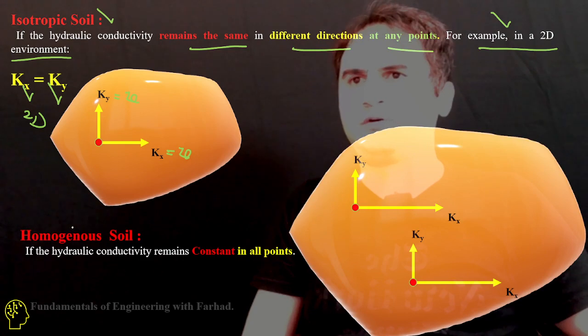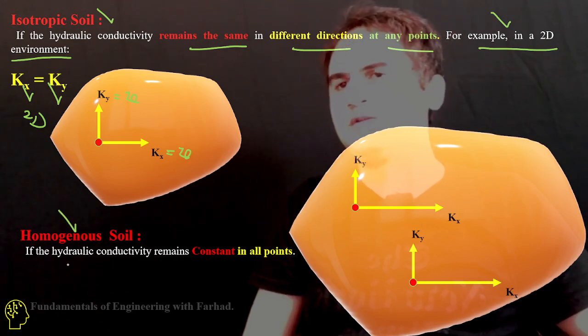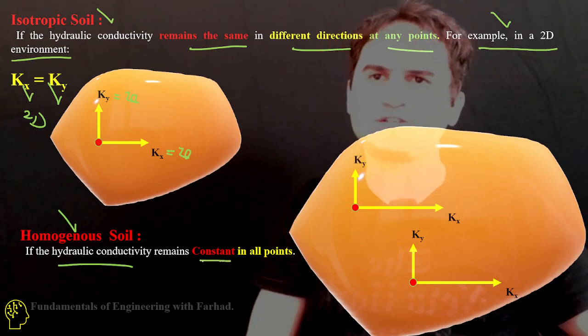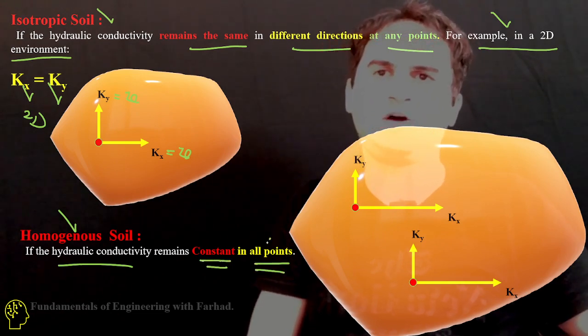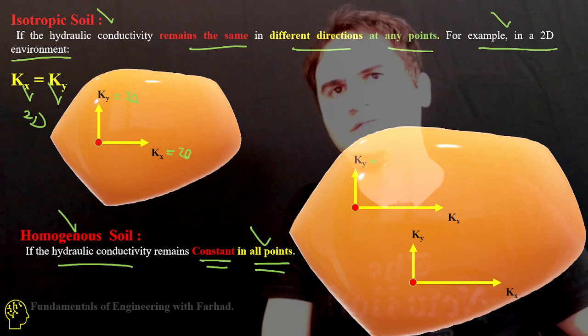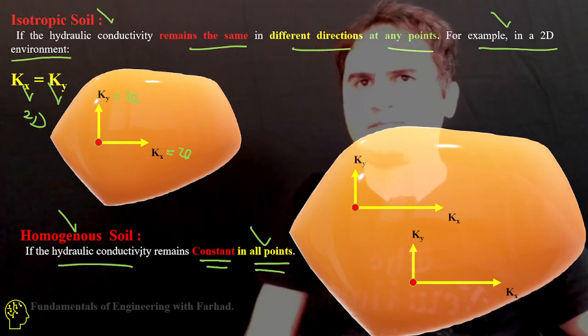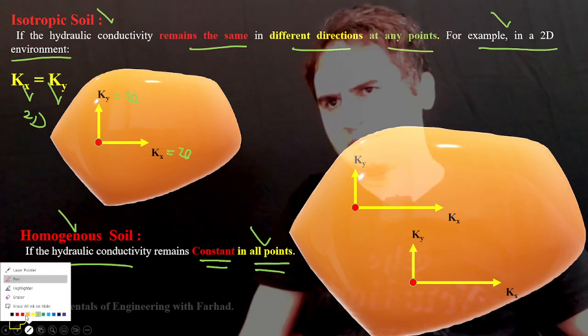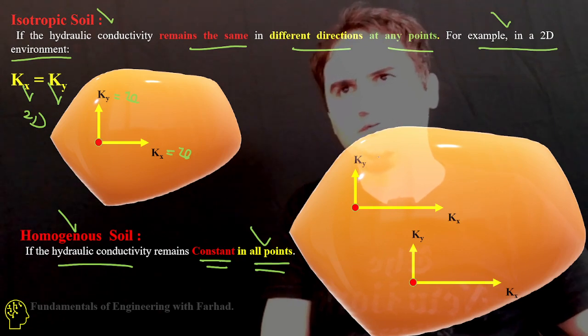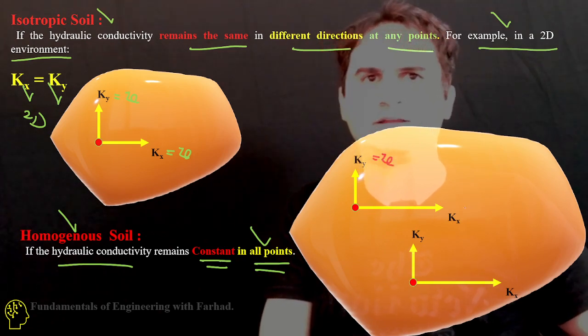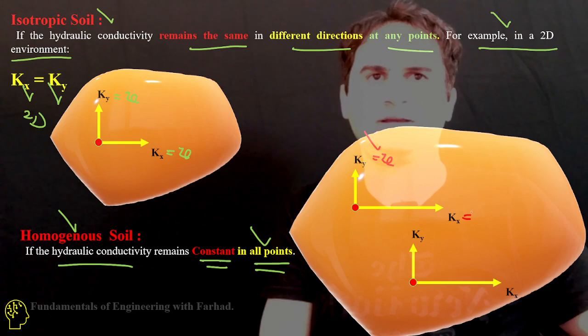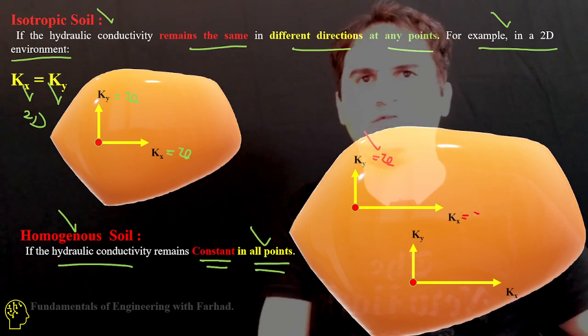But for homogeneous soil, we just call it that if the hydraulic conductivity remains constant at any arbitrary point. So for example, Ky is 10 and Kx is 5 units.